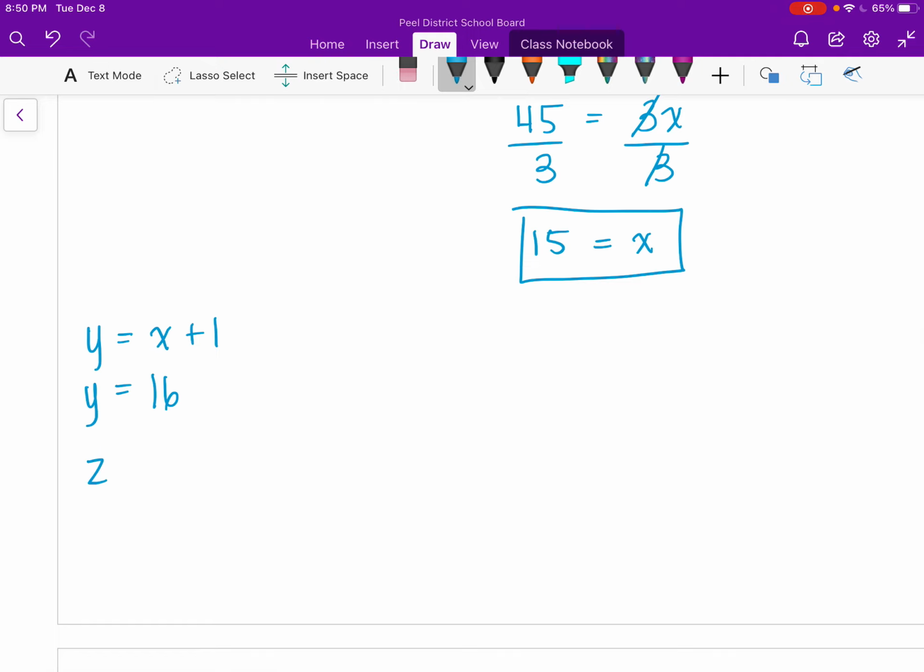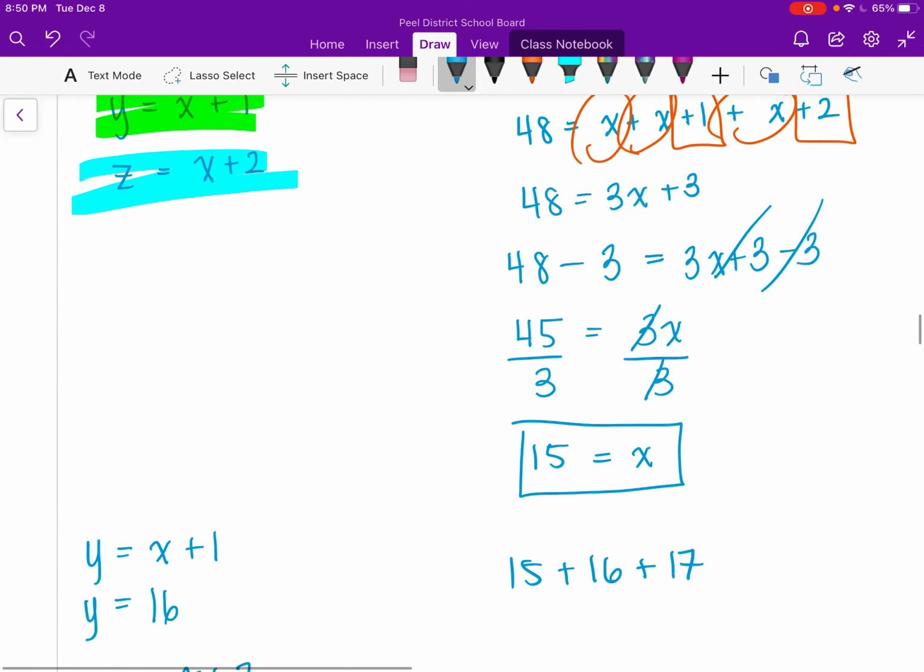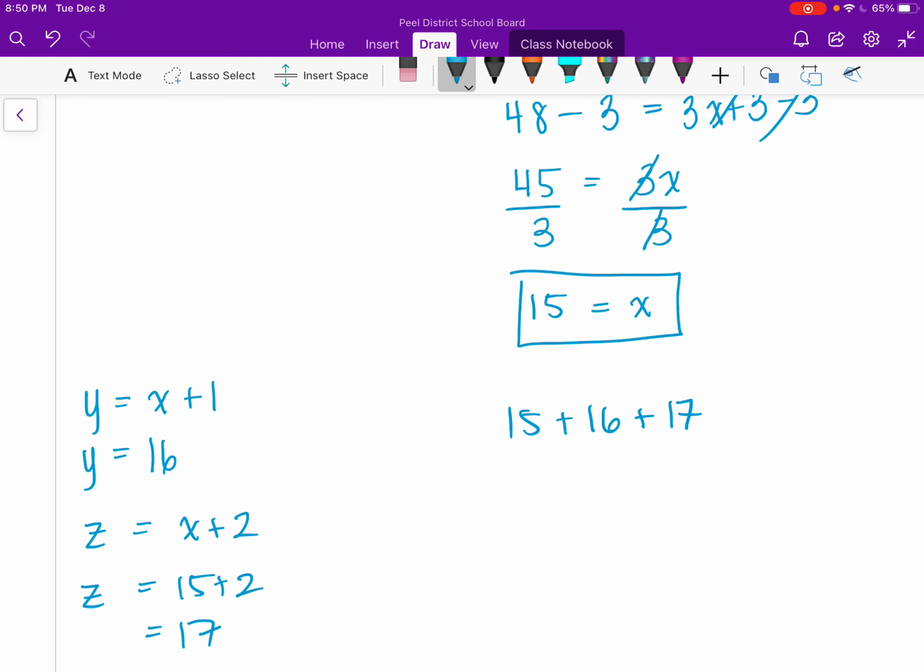And then z is going to be x plus 2. So z is going to be 15 plus 2, which is 17. So if you add 15 plus 16 plus 17, and I'm sure you could have done this in 100 other ways to eventually get to these numbers, but this is the most systematic way to get to it. It will give you 48.